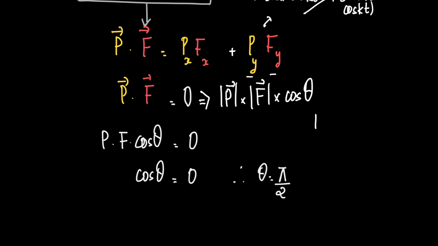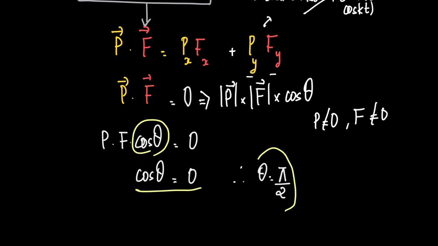Now, p is not equal to 0, F is therefore not equal to 0, which means the only component that can be equal to 0 is cos theta. So cos theta is equal to 0, which implies theta should be equal to 90 degrees. Okay.